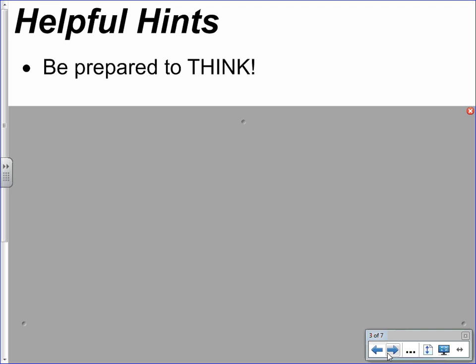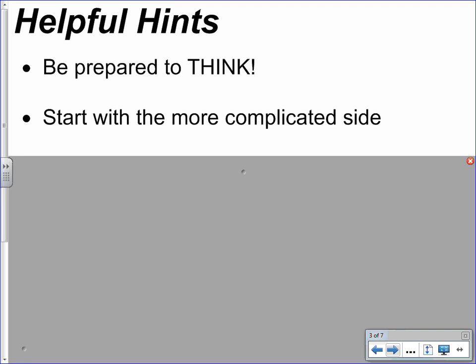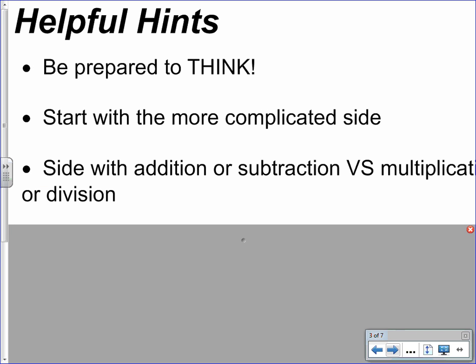Okay? If one side is more complicated than the other, that might be a good side to start with. If you don't know which one is more complicated, it's going to be better to start with addition or subtraction versus multiplication or division, because with addition and subtraction, we can easily get a common denominator and add things together.